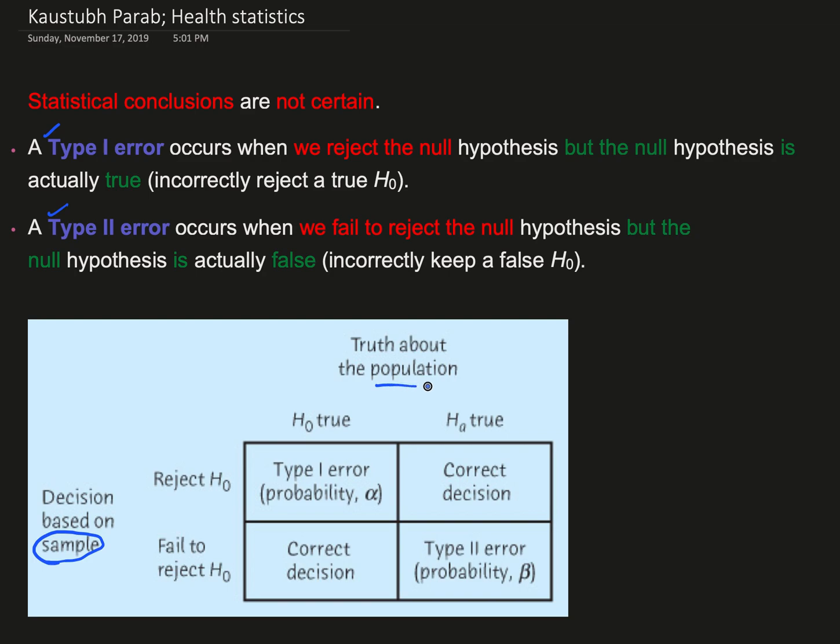So this is something about the population, the truth about the population, or the reality. But you simply cannot study everyone in the population. So you study instead a sample from the population, and based on that sample, you decide the mean. How would that reflect for the entire United States population or any population? These are the two things that we are going to look at in rows and columns.